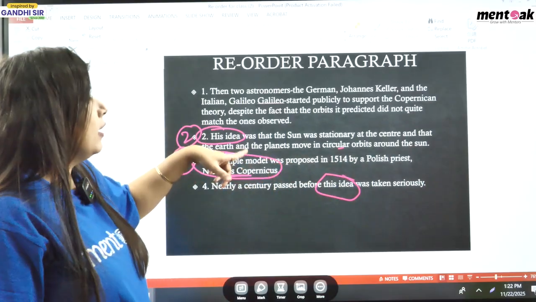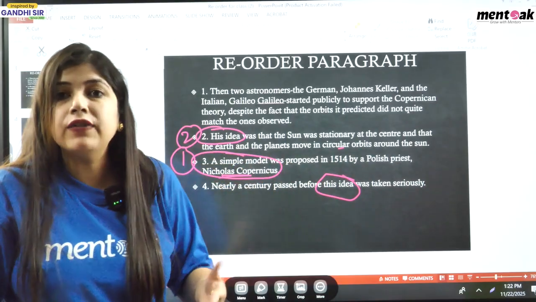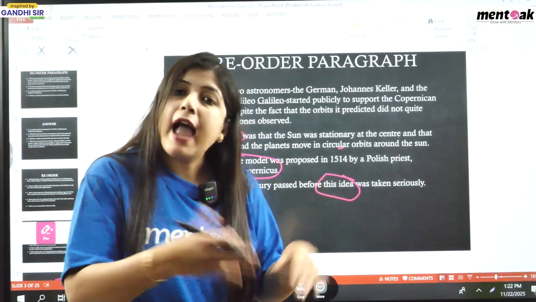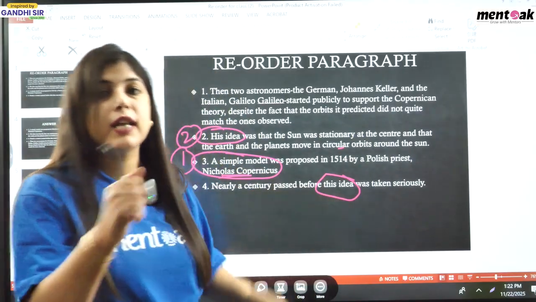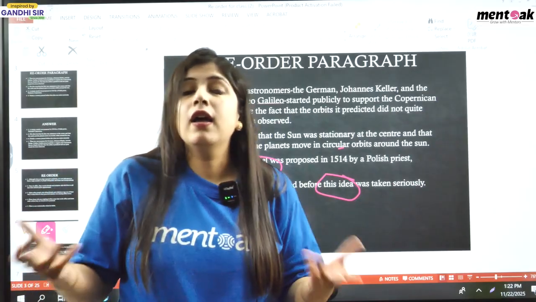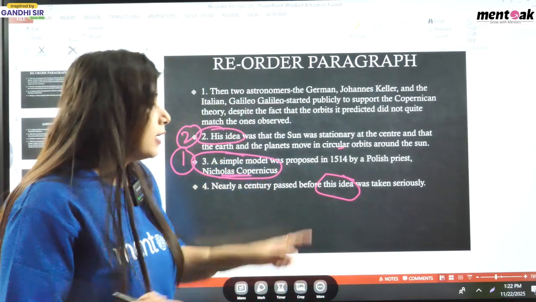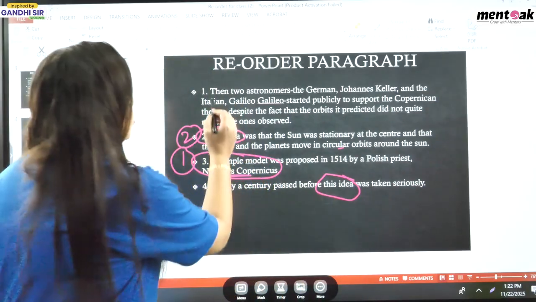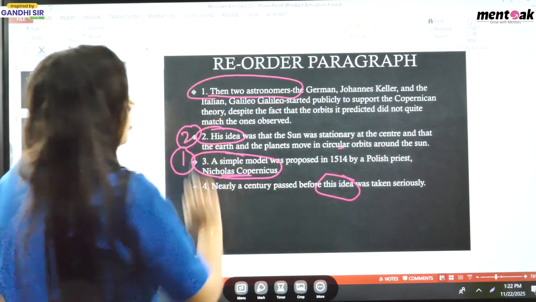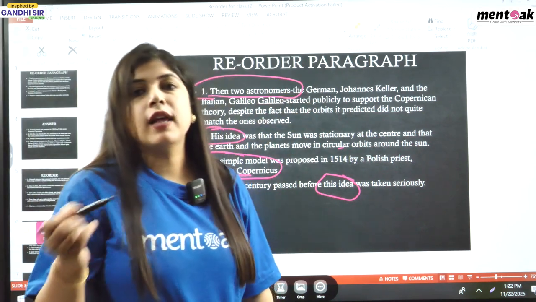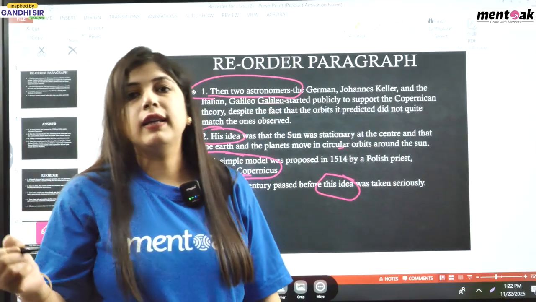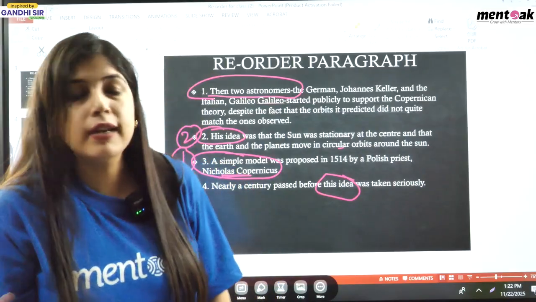After that he gave the idea in brief that the sun was stationary, and after nearly a century, his idea was taken very seriously. Now who has taken his idea seriously? These two astronomers, Jones and Galileo. These two astronomers took his idea very seriously.